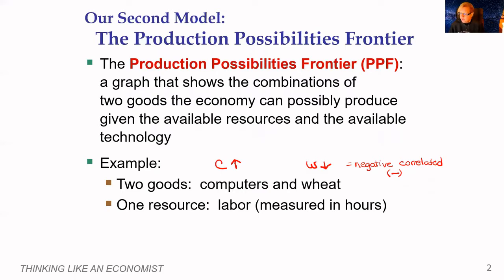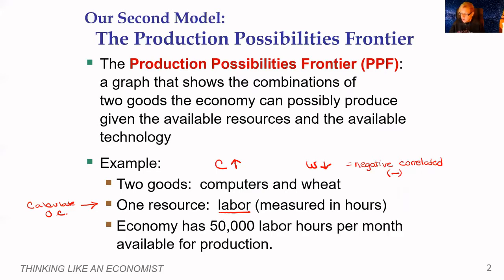Because for us, learning the ABCs of economics, the only time we'll be asked to calculate opportunity cost will be using one factor of production, and that 9 times out of 10 will be labor. We have 50,000 labor hours that we can use to produce computers, wheat, or some combination of the two.